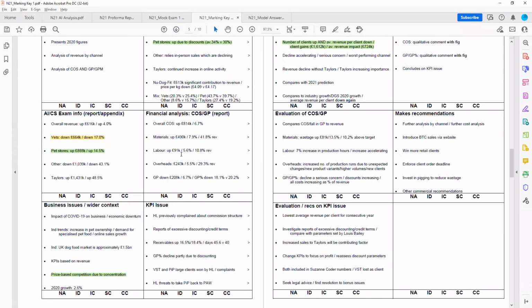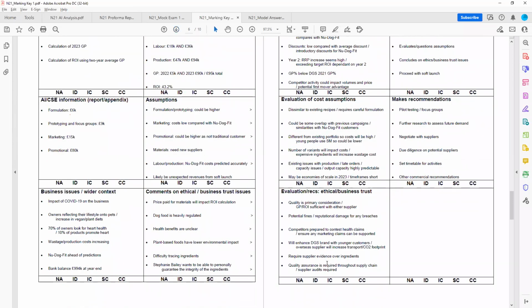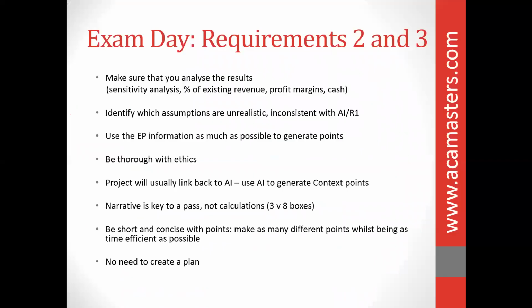Any points from the AI tend to be in this context box, but generally most of the other points are used from the exam paper. So bring in the AI points where relevant, but really try to use that exam paper information as much as you can.